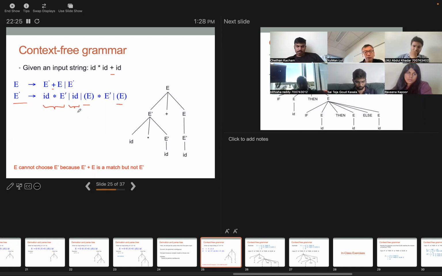Okay. So here, if it's the second one, you have a second E prime. So for E prime, if I choose ID, then I don't have anything to match. That's going to mismatch, right? So the second one is not the correct route. Same for this one, it's not the correct route because it doesn't match. Okay.